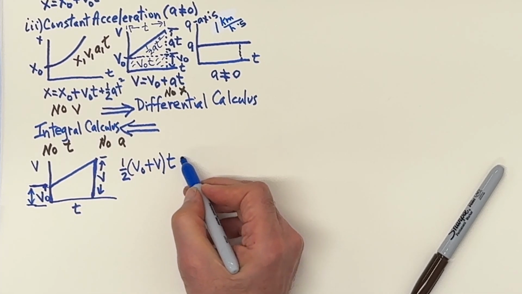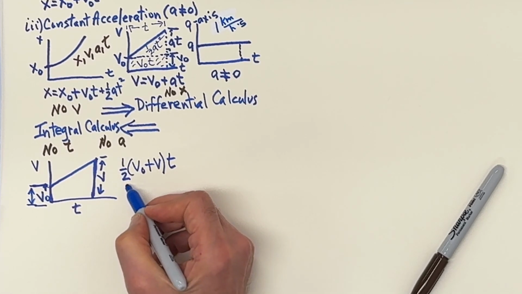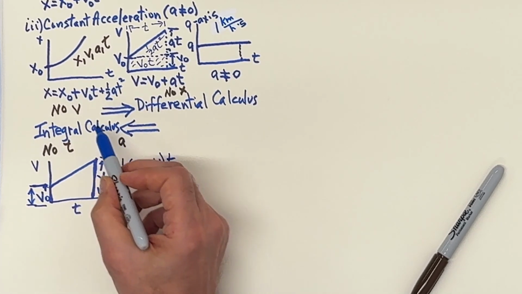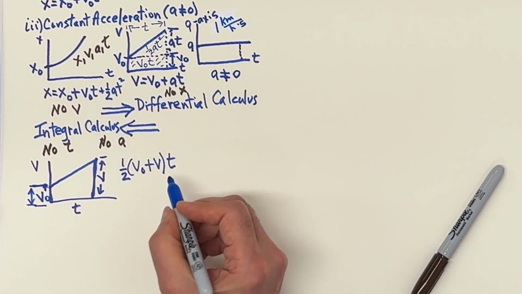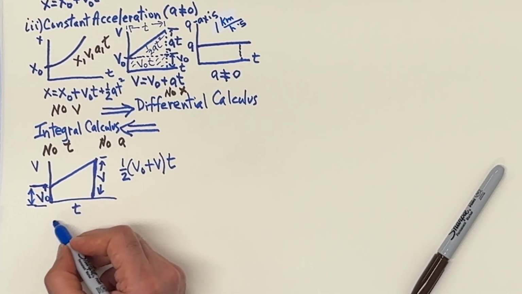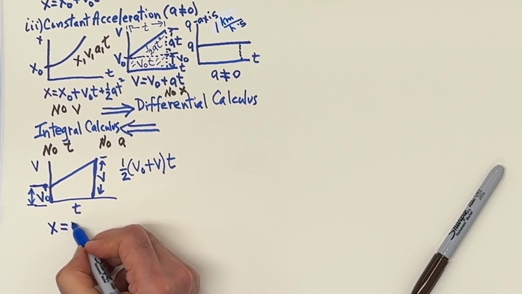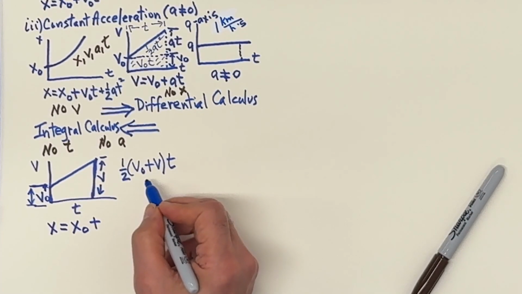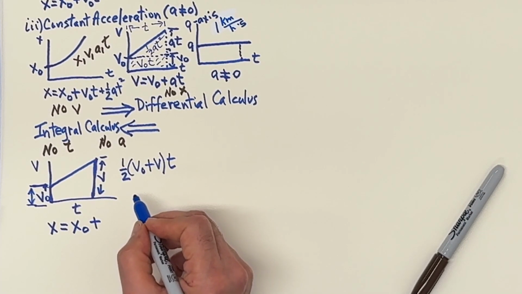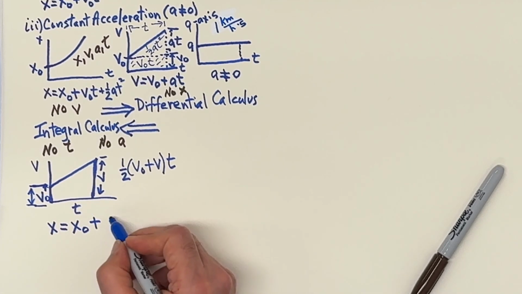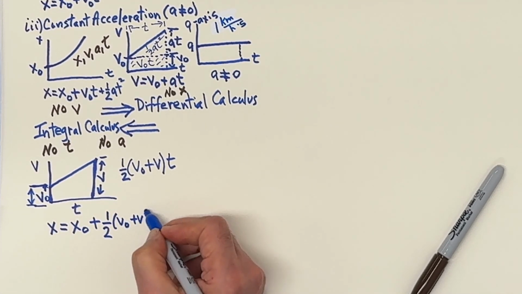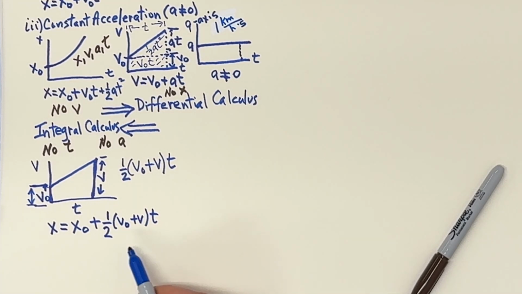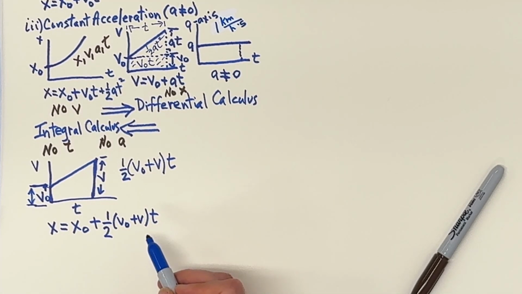So that has to also be your x. Well, you have the initial x naught. So we would say that x is equal to x naught plus this distance traveled due to your acceleration. So here it is, 1/2 of v naught plus v times t. So that's another equation, and that has no a.